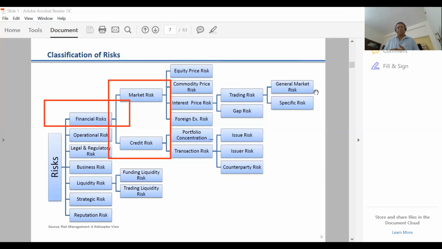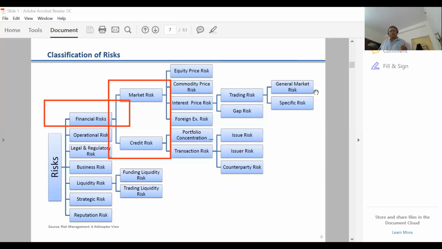Credit risk happens because of various factors, because of the poor credit rating of the party, or inability to make the payment on time, or because of environmental, economic or political conditions making the party default. So the factors may be different, but all are called credit risk.